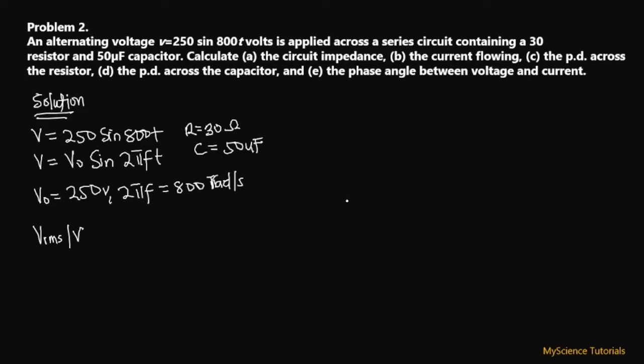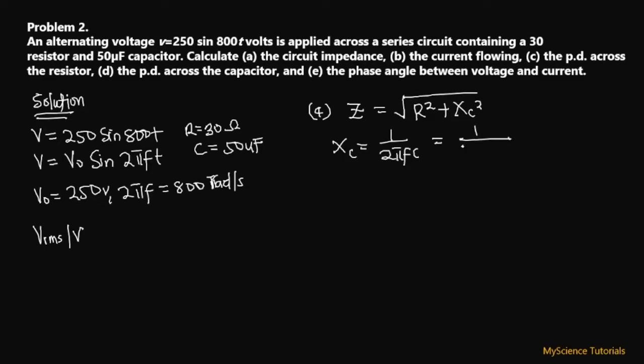Let's go ahead and look at the first aspect of this question, A. We have to calculate the circuit impedance. The impedance Z is equal to the root of R squared plus XC squared. As we saw in the previous example, XC is equal to 1 over 2 pi FC, which is 1 over 800, which is our 2 pi F, multiplied by C, the capacitance, 50 times 10 raised to the power minus 6.